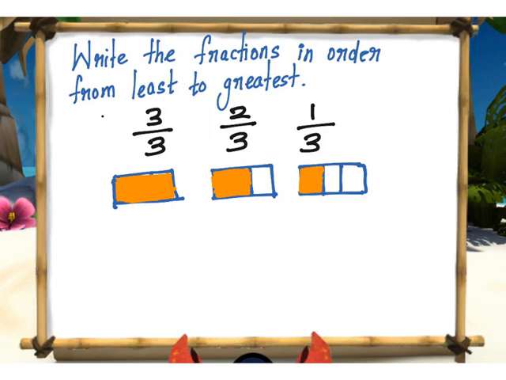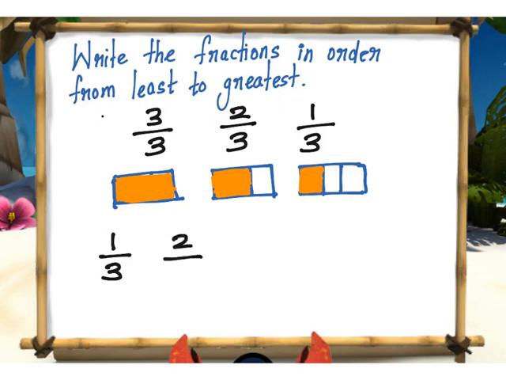So let me write. This is the least one, 1 by 3, because the part colored is very very small compared to the other fractions. So that one comes first. So 1 by 3 goes there, and the next fraction is a little bit bigger, 2 by 3.